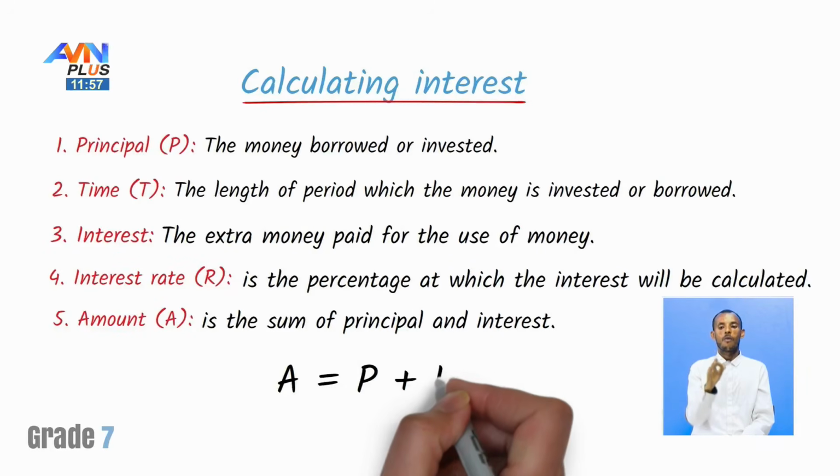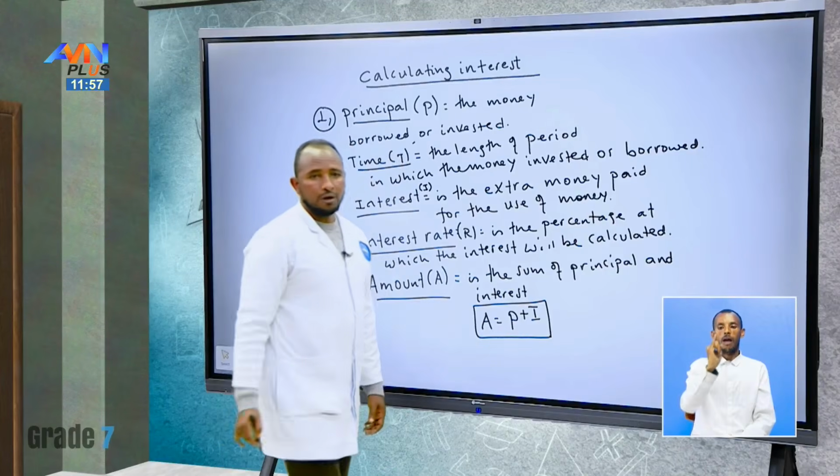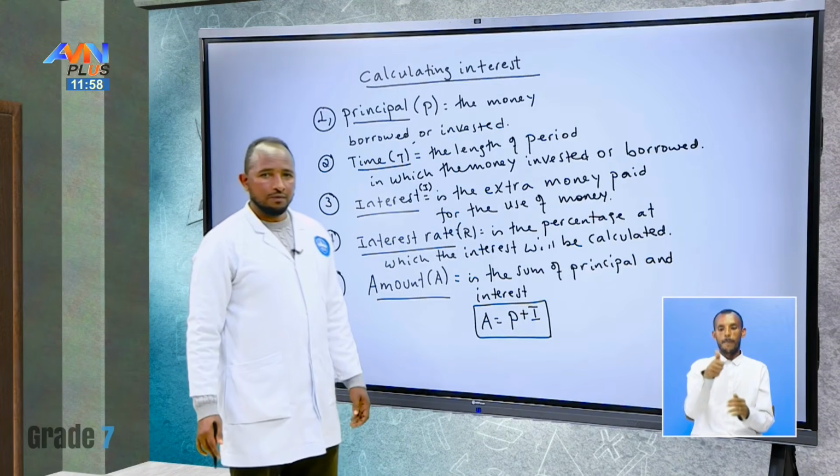Or simply we can write in this form, amount is given by P plus I, the principal plus the interest gives you amount. You see it? Now, let's see an example for this.